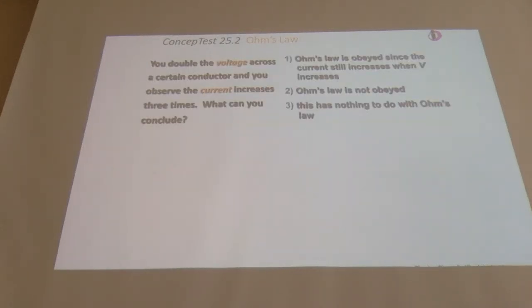If I double the voltage across a conductor and observe that the current increases 3 times, which one of those things can you conclude? We doubled one and got triple of the other.